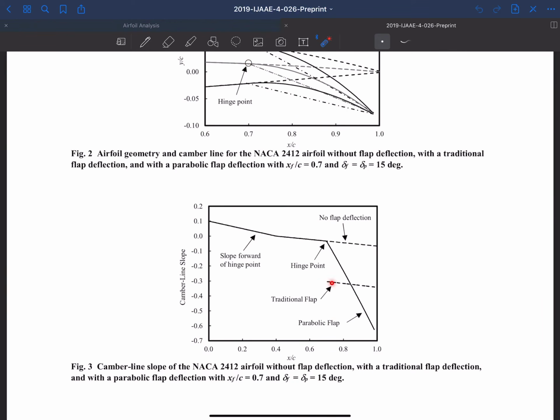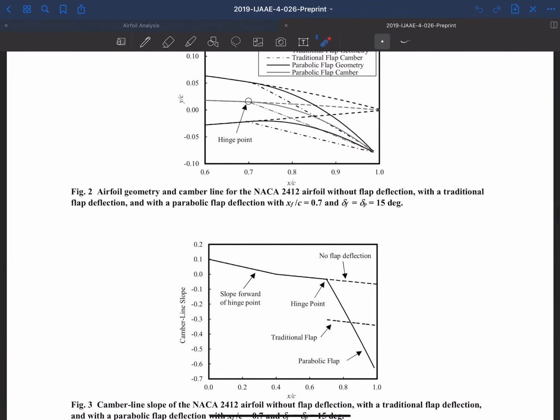But for the parabolic flap, it's continuous, and the camber line slope changes more rapidly in the trailing edge region than it does for the traditional flap, which is basically just an offset relative to the original camber line slope.